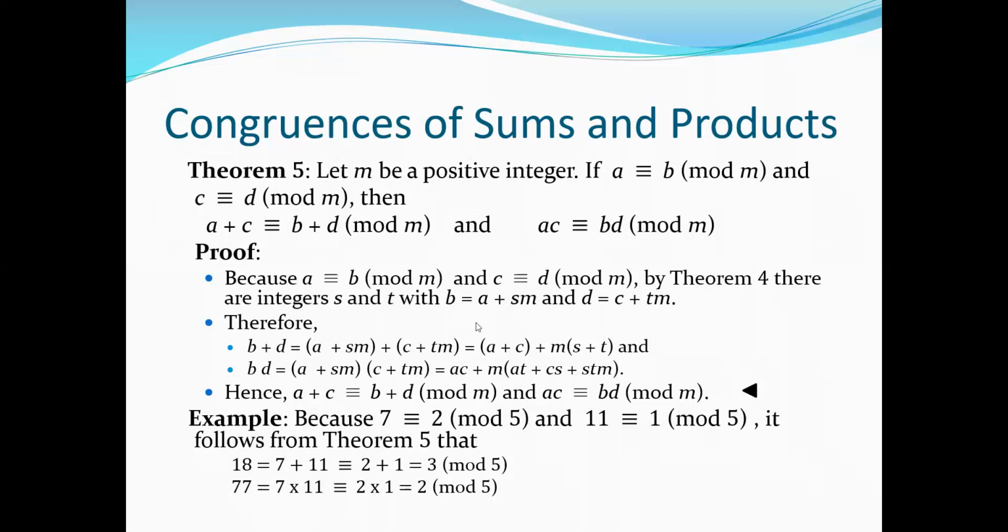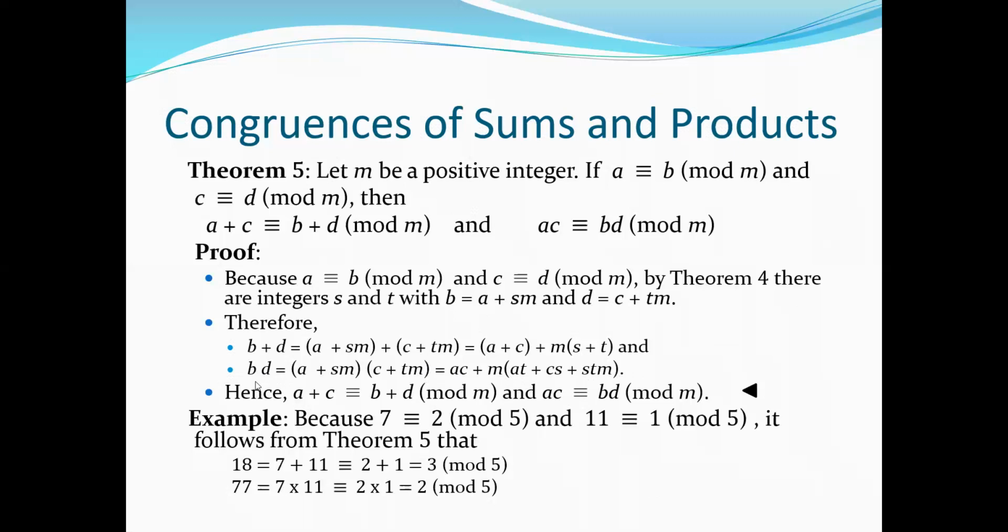So again, it conforms to theorem number 4. There is an existing integer that, when we multiply to m and add to an integer, will result in this. So it conforms with theorem number 4.